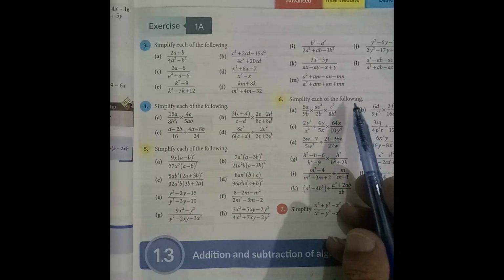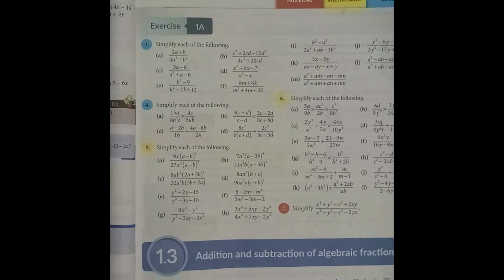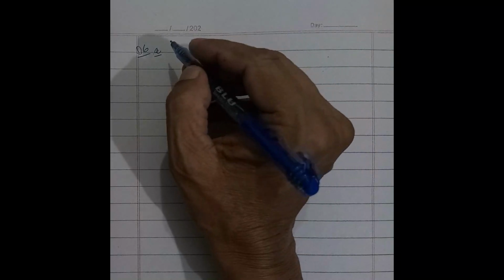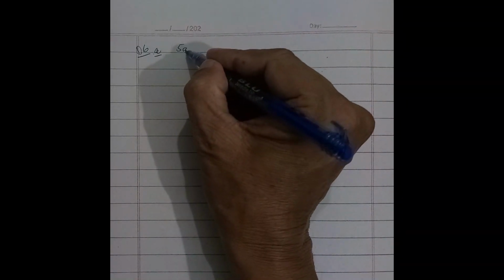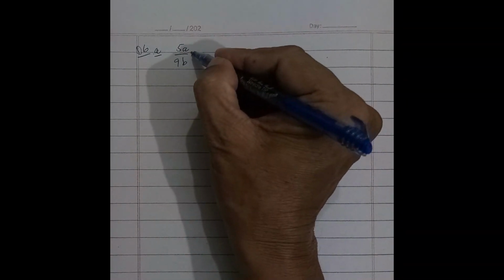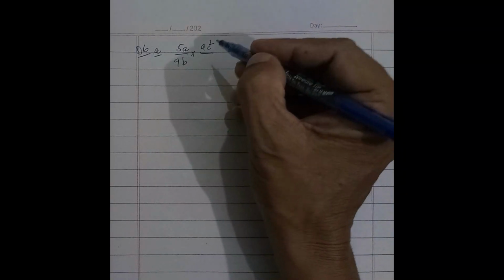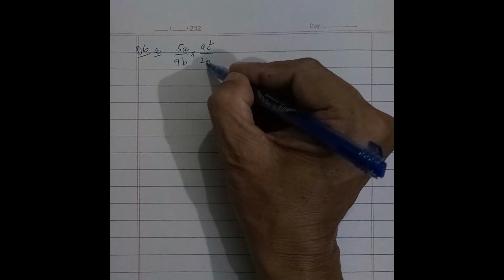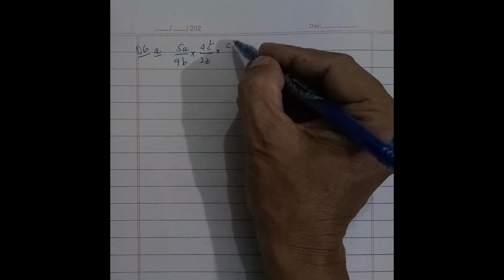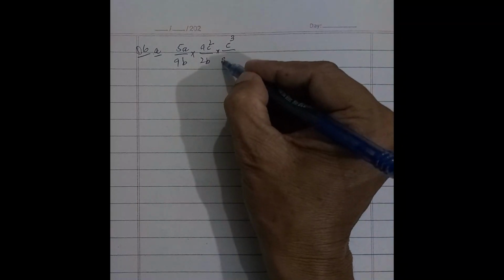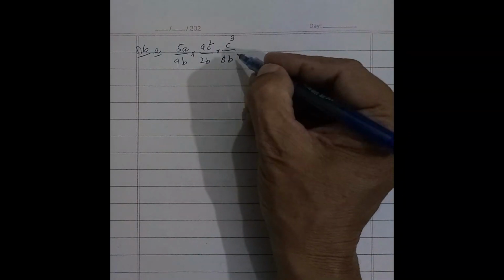Simplify each of the fractions and start with question 6, part A, in which 5a over 9b multiplied by ac square over 2b multiplied by c3 over 8b4.